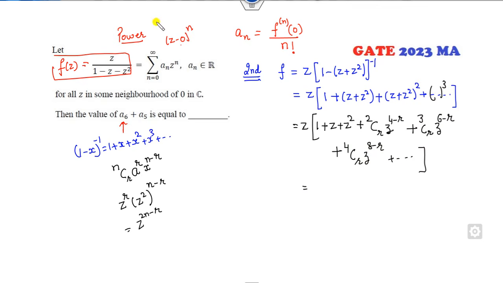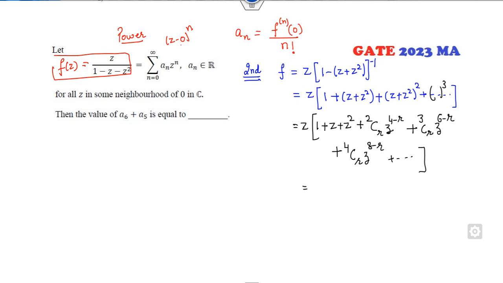Now look at that. Your target is to find a6. If you compare them, a6 means the coefficient of z raised to power 6, because 1z is already there. So I have to look for the coefficient of z raised to power 5 inside.